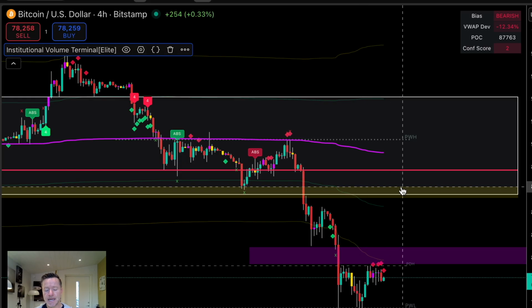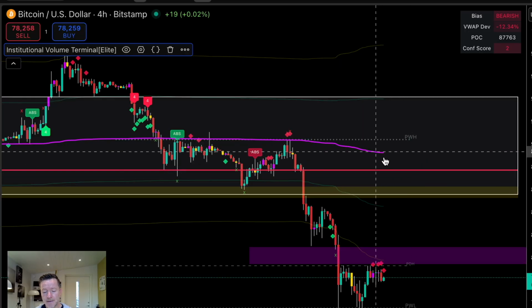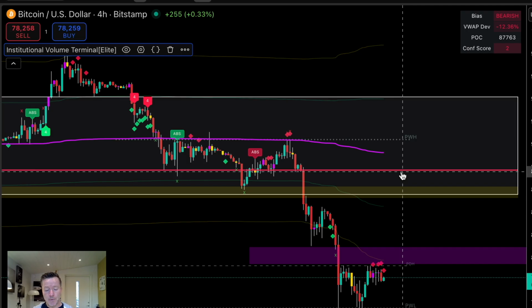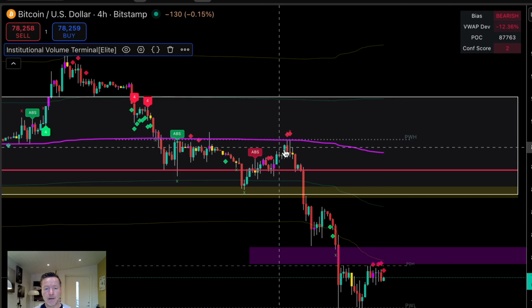So I'm sure that a lot of big players will use the POC and the AVWAP for distributing more, especially those who are trapped at these levels. So the market has shifted. The technicals on Bitcoin don't seem very good right now. Silver has flipped as well. And if you're using the basic moving averages, you are just trading blind.